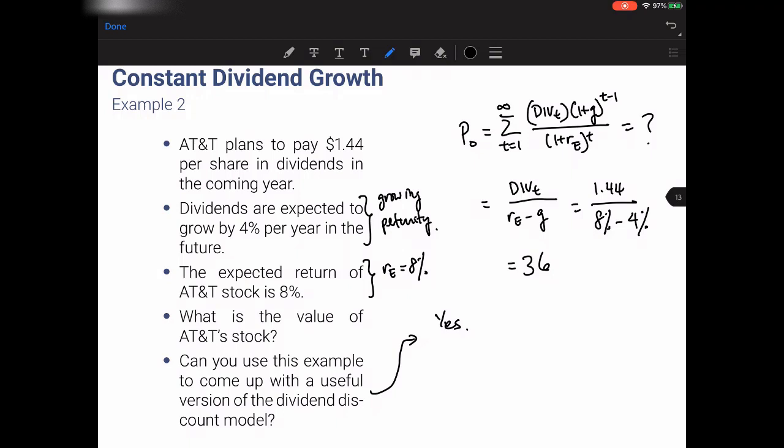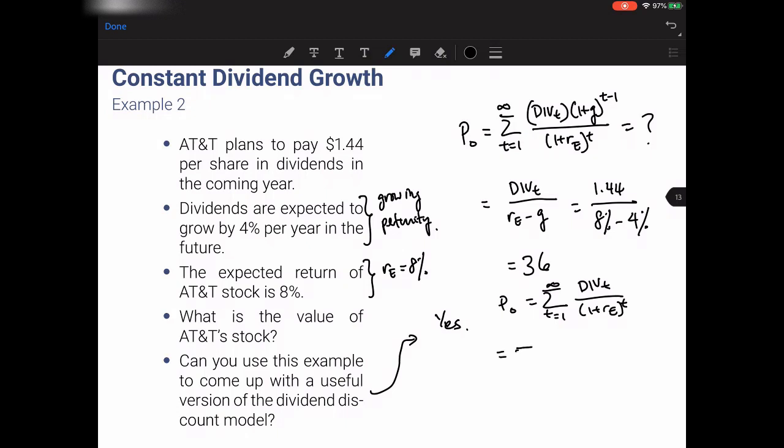So let me review a little bit. We started out with this dividend discount model, the sum from t equals 1 of div t divided by 1 plus RE to the t. And we are going to now model div t as div 1 times 1 plus g to the t minus 1.